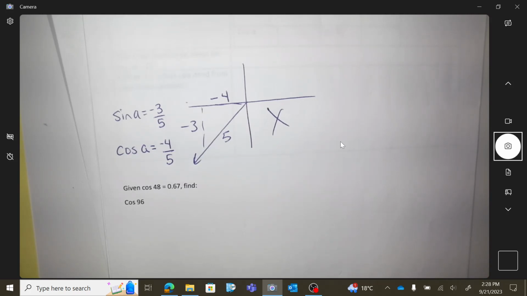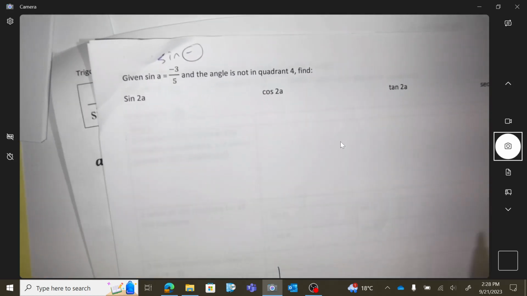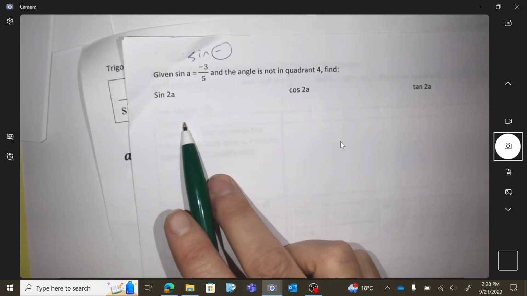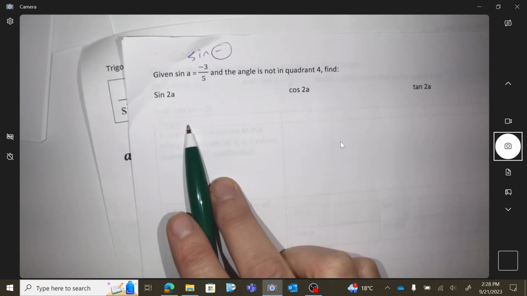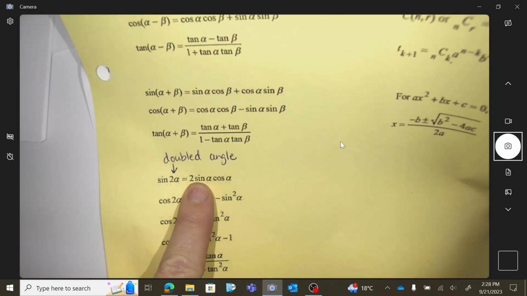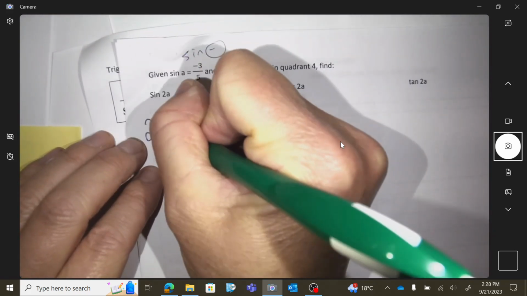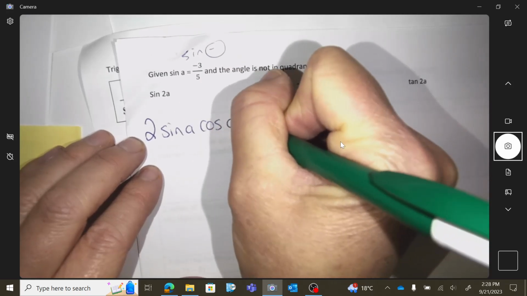I'm done my preliminary work, so now I'm going to go to the formula. So sine of 2a. Find your formula sheet. Sine 2a is 2 sine a cos a. That's the formula.